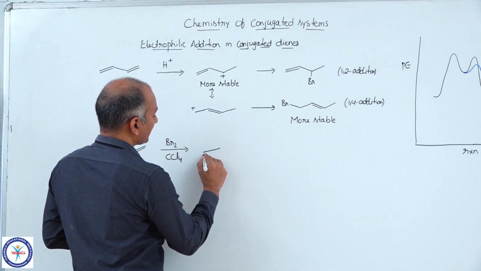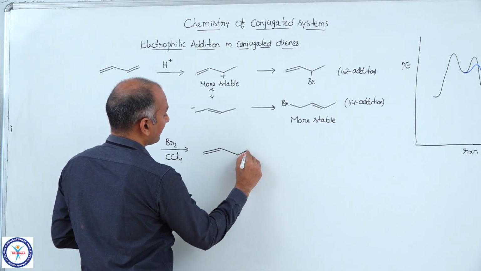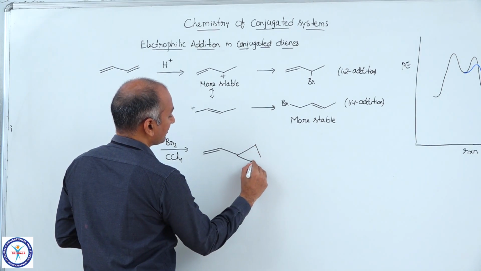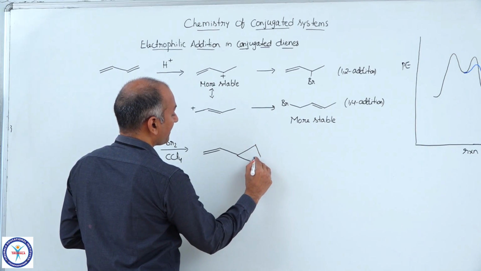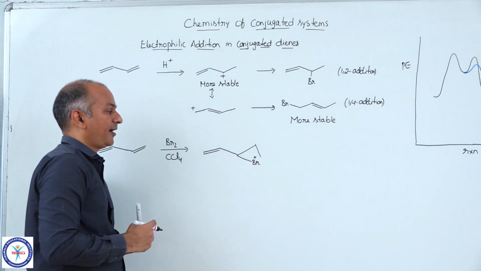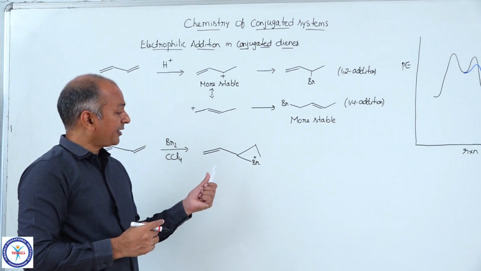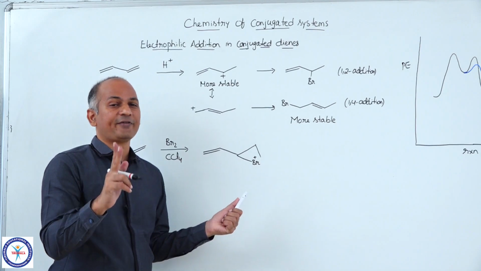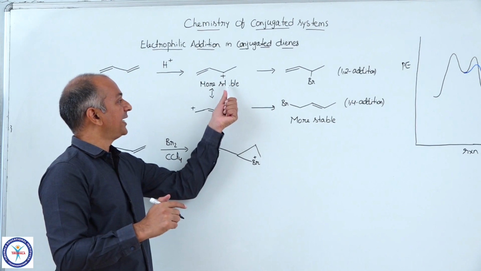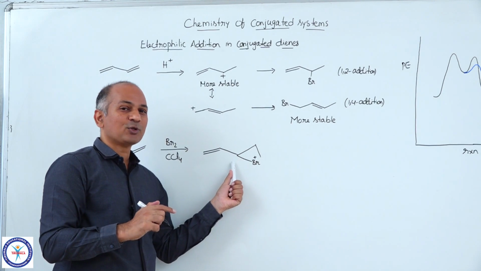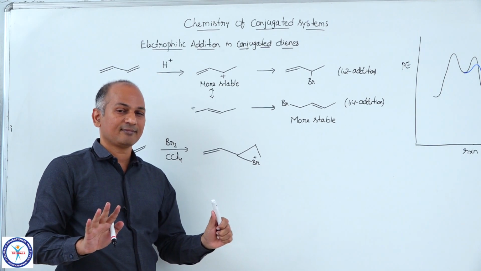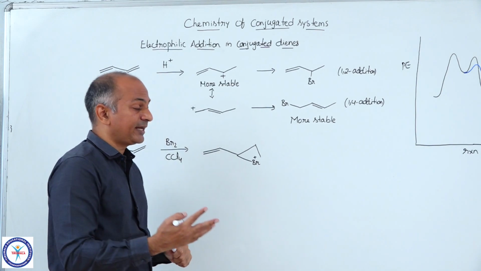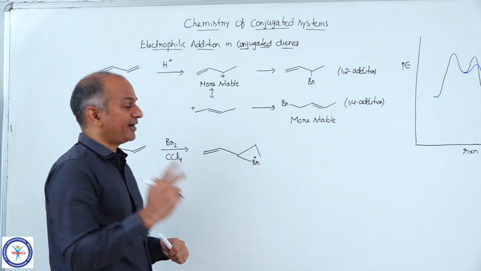So you will first get a cyclic halonium ion. It is something like this, Br plus. Now this intermediate can go in two different paths. Similar to this reaction, in this reaction also until now everything is the same. But now the Br minus attacks at two different places.